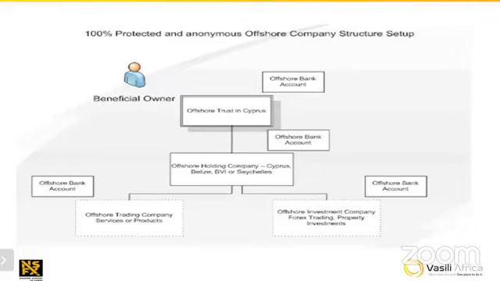Then that offshore holding company is doing property investments with a different offshore bank account. All of this in a bid to take advantage of tax regulations, in a bid to take advantage of so many other incentives that the governments of these different countries offer. This is on the higher scale, on a very large corporate scale.